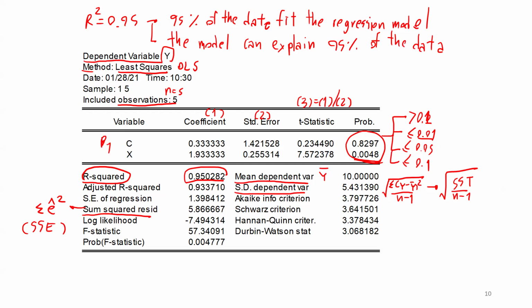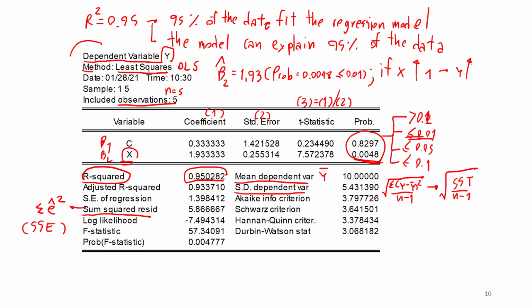Then this is beta 1, this is beta 2. To interpret beta 2 equal to 1.93, with probability equal to 0.0048, in this case it indicates that if x increases by 1 unit, dependent variable y will increase by 1.93, and significantly.